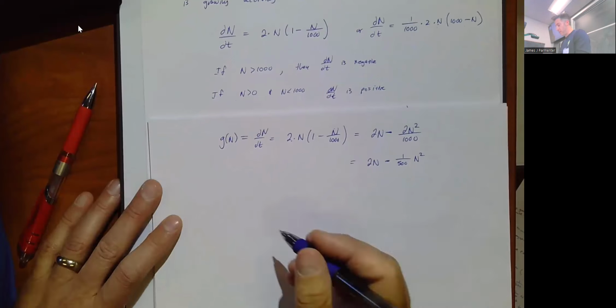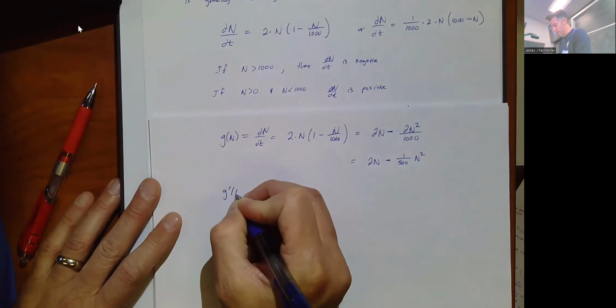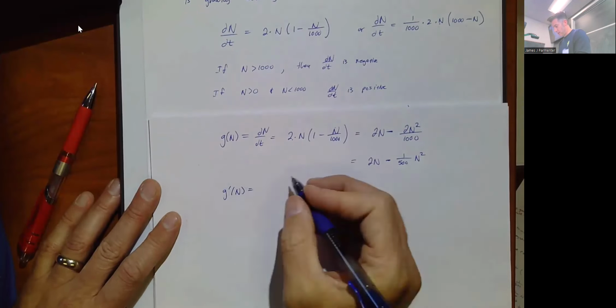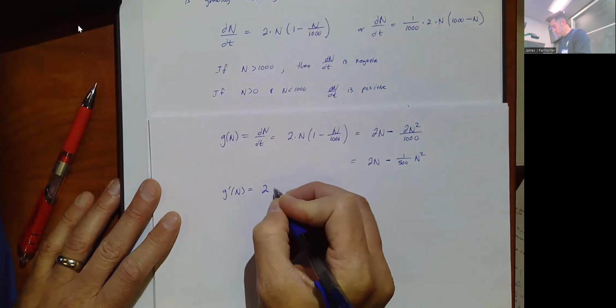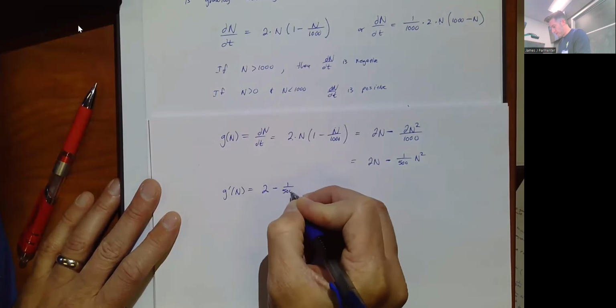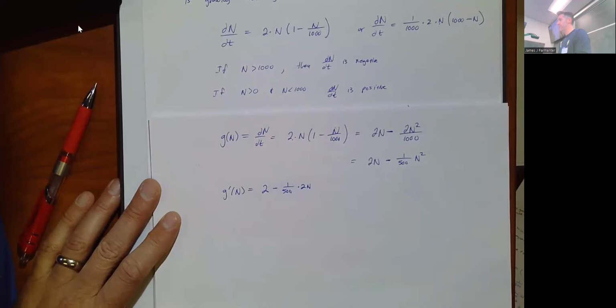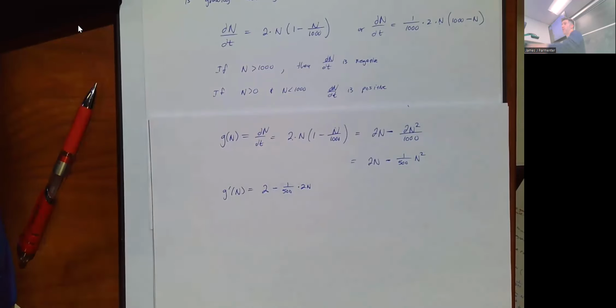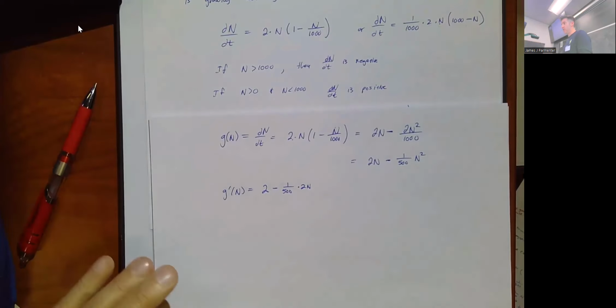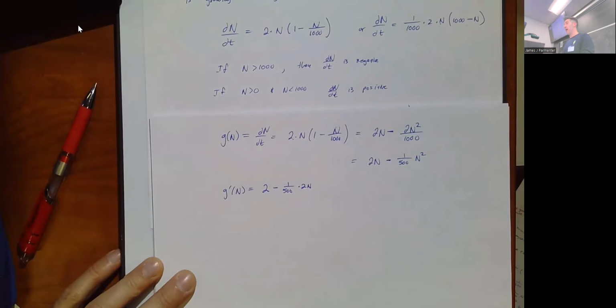Okay, so let's find the derivative of that. The derivative is going to equal 2 minus 1 over 500 times 2n. Not a hard derivative to find. Should be a straight up line because we're taking the derivative of a parabola. All right, let's plug in our two equilibrium points and see what happens.